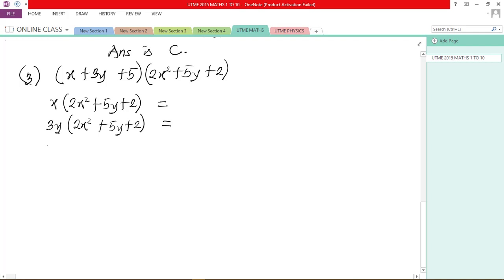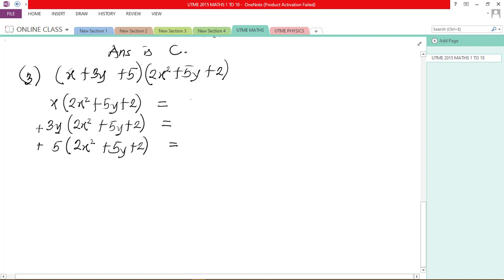We have the next one to be 5. So I've taken this to multiply this bracket. I've taken 3y, so it remains plus what? Plus 5 times the bracket again, 2x squared plus 5y plus 2.